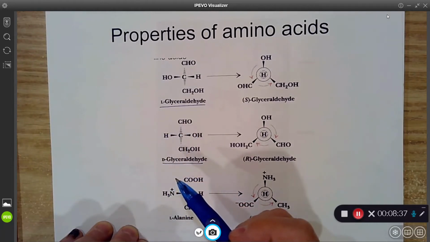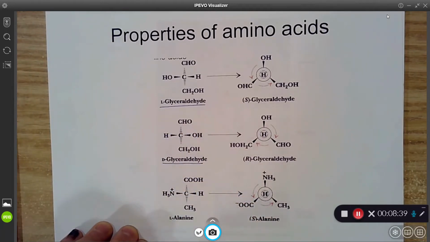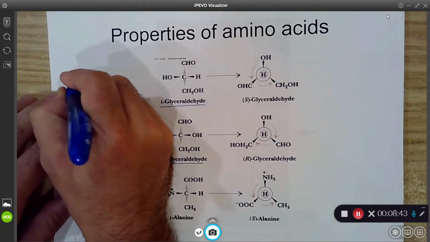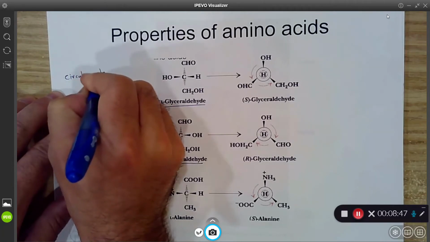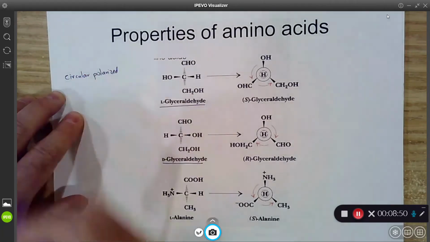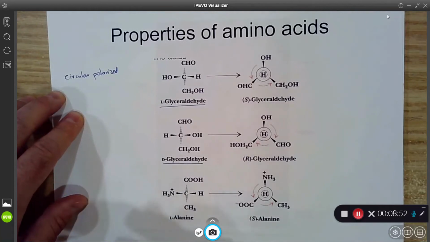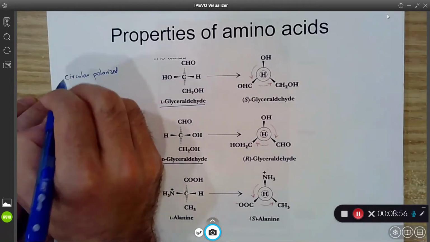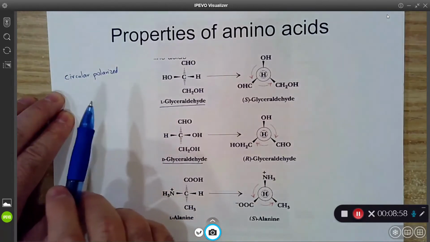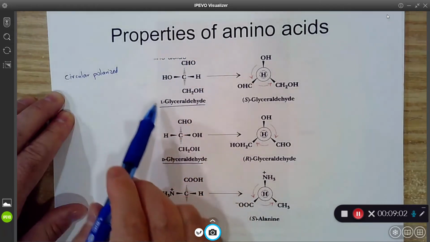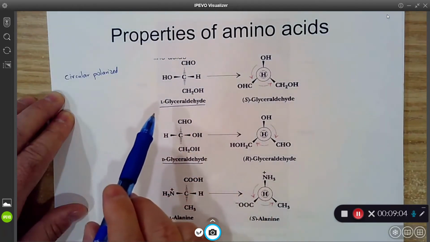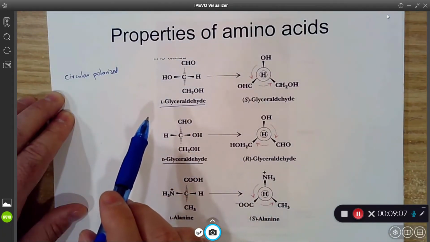A long time ago, the way they characterized this was that they took circularly polarized light and asked the question, how is it rotated after it interacts with this chiral compound? When circularly polarized light interacted with the glyceraldehyde that I'm circling, they noted that it rotates the light to the left.